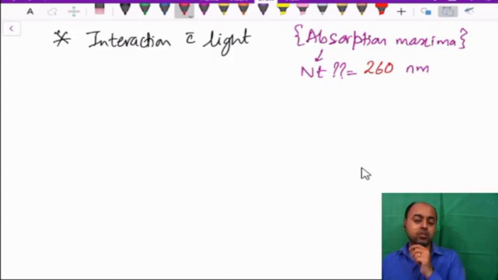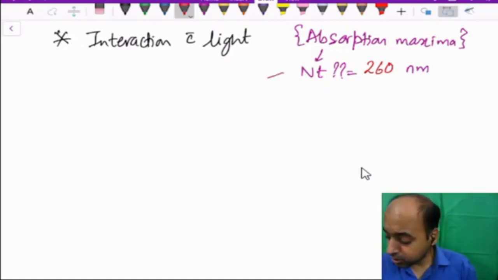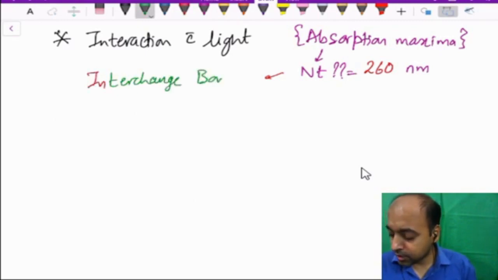Now, because the 260 nanometer, due to its low wavelength, has a large amount of energy, and this energy will be delivered to the nucleotides when they absorb this wavelength. What happens? The nucleotide can interchange bonds within the nucleotides.